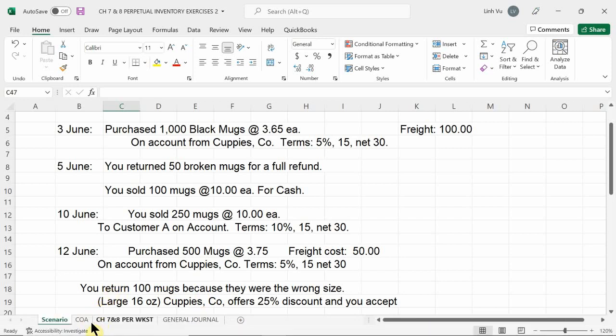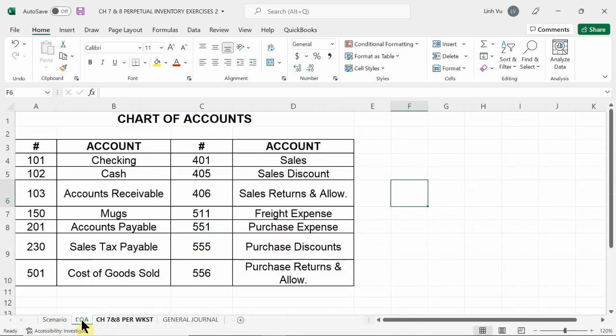What account am I going to use for the discount? Sales discount, which is 405. They paid with cash, and they are going to pay for what they owe.